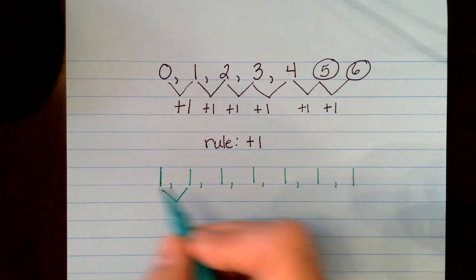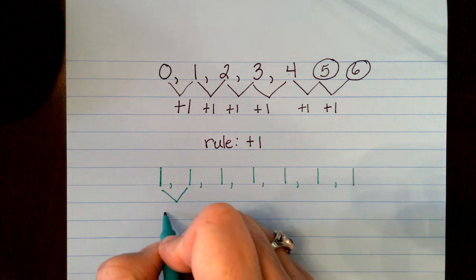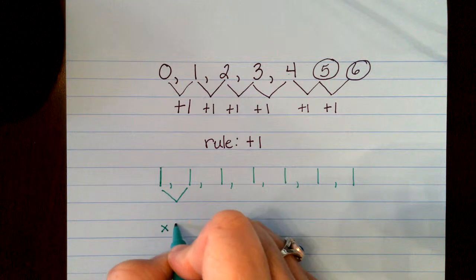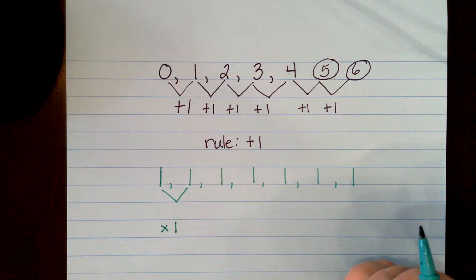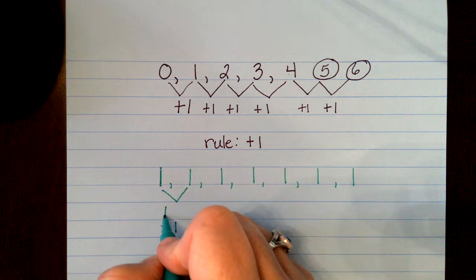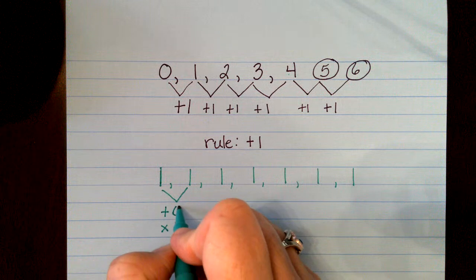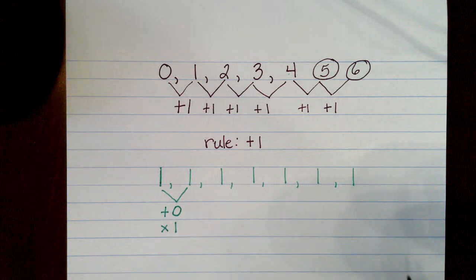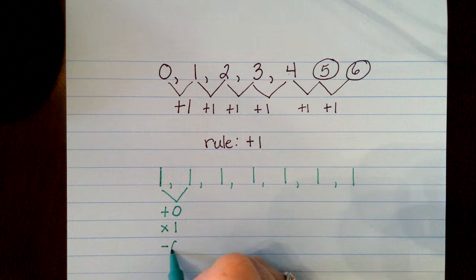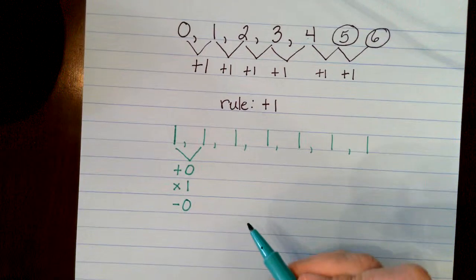We can either multiply the original term by 1, we can add 0, we could actually subtract 0, or divide by 1.